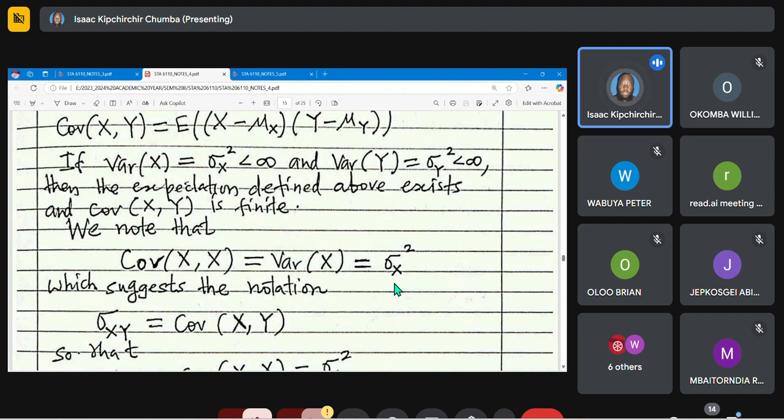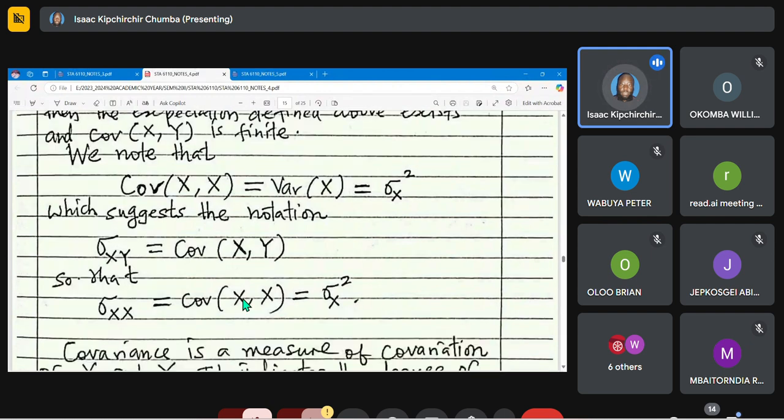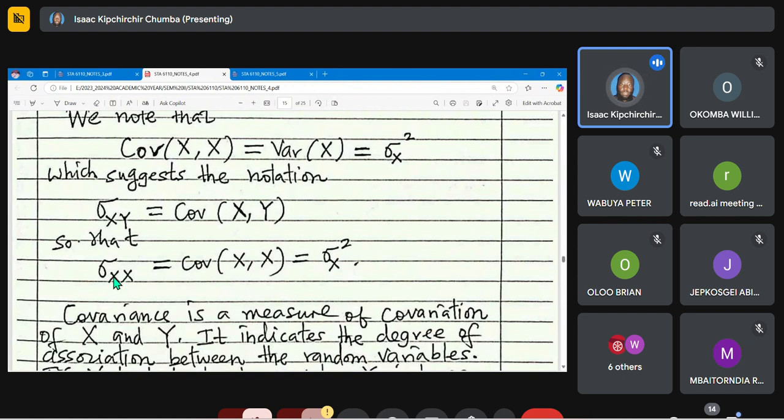For variance of X, we call it sigma X squared. For variance of Y, we call it sigma Y squared. Then we can have this notation to denote the covariance of X and Y. We shall use sigma XY to denote covariance of X and Y, so that in our notation, sigma XX will be COV of X, X, which is sigma X squared. So in our usage, the notation sigma XX is just sigma X squared.